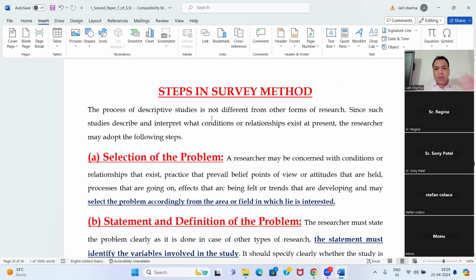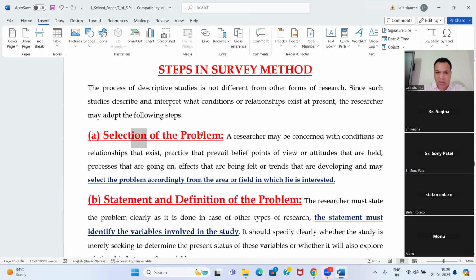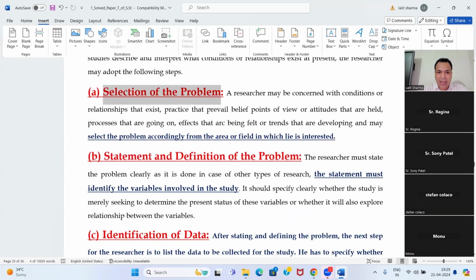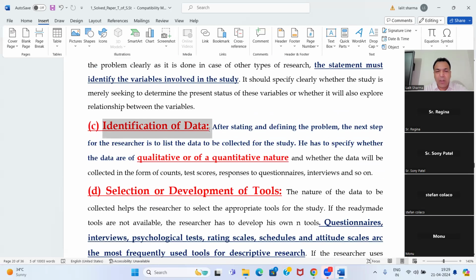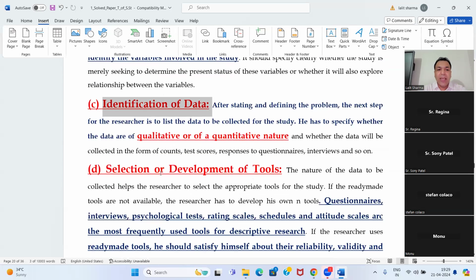Okay, so the steps are very important, guys. The steps in the survey method: first is selection of the problem. You select the problem. Second, you define the problem. Third, you see whether your problem has qualitative data or quantitative data. Then in the fourth step, according to the data, whether qualitative or quantitative, you select your tool.